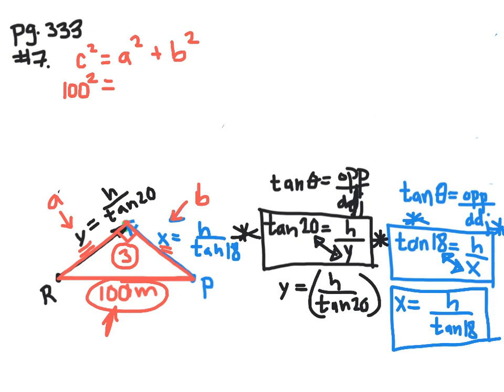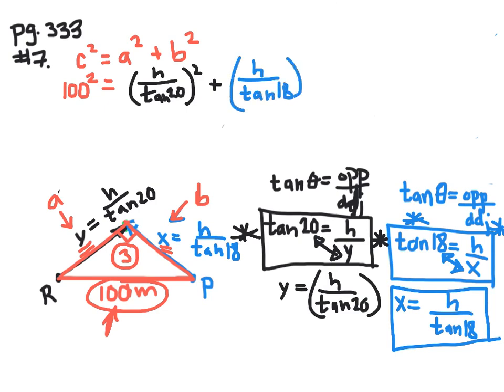However, a squared is going to be that side, which is h all over tan of 20, all squared, plus I have my b, which is h all over tan of 18, and that's all squared.